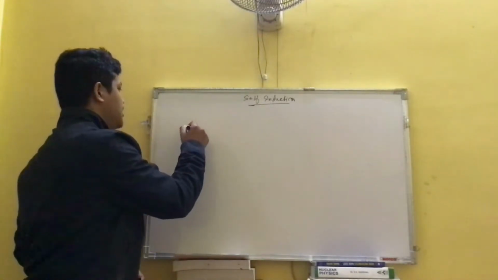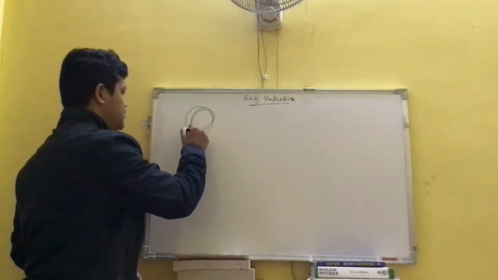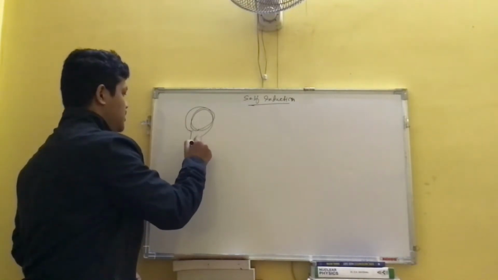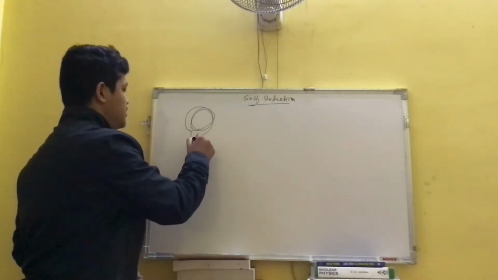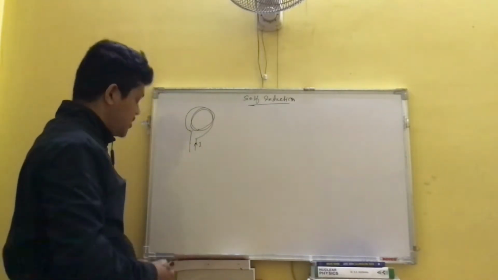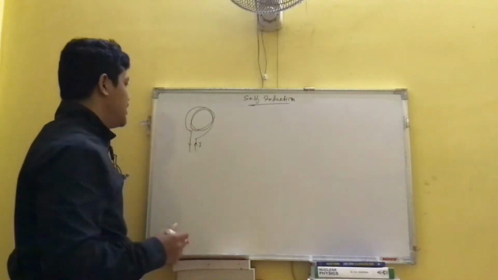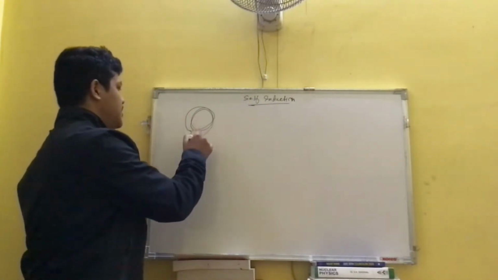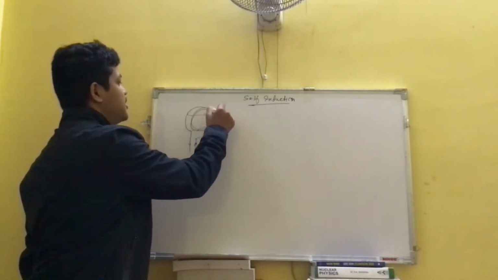Suppose we have a coil here, and the current is carried by this coil. If there is current, then there will definitely be a magnetic field linked with this coil.